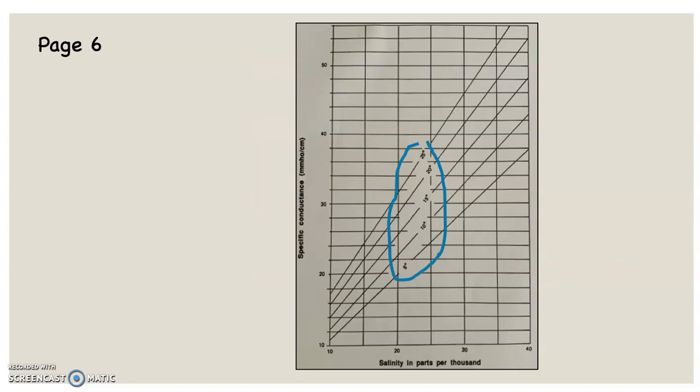Now notice I circled in the middle these numbers. Those are the temperatures in Celsius: 5 degrees, 10 degrees, 15 degrees, 20 degrees, 25 degrees. And they are found on those lines that cut obliquely across the graph from the bottom left to the top right. Look down at the bottom. I highlighted salinity in parts per thousand. Notice it goes 10, 20, 30, 40.